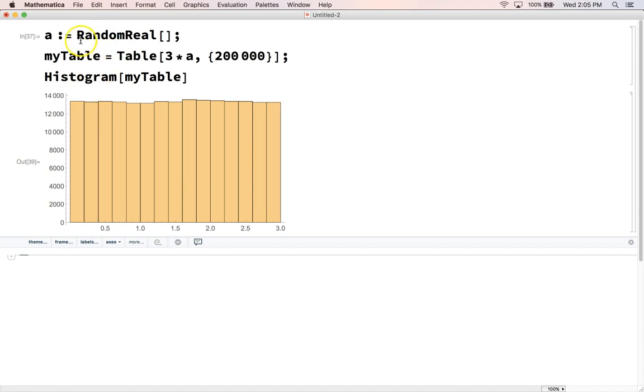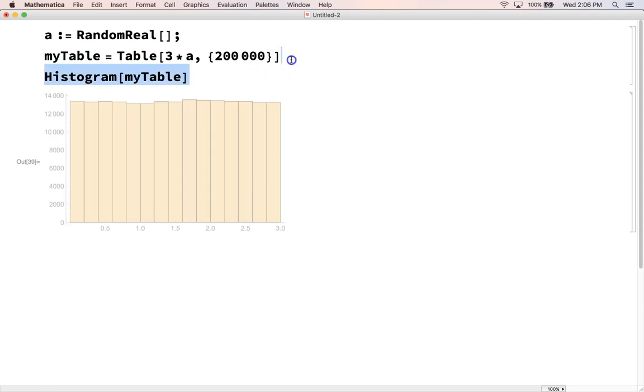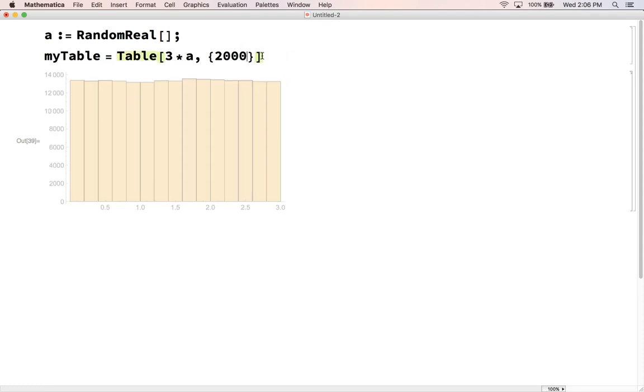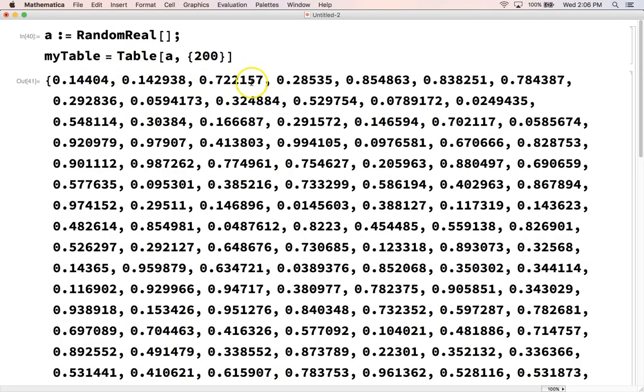So what was the key idea to get out of this video? The key idea was the difference between this colon equals and the regular equals. So let's just go back and look at it one more time. Okay, so let's just go to 200 of these. Let's do 200 times. With colon equals, with delayed assignment, this is what it looks like. Okay, 200 different real numbers.